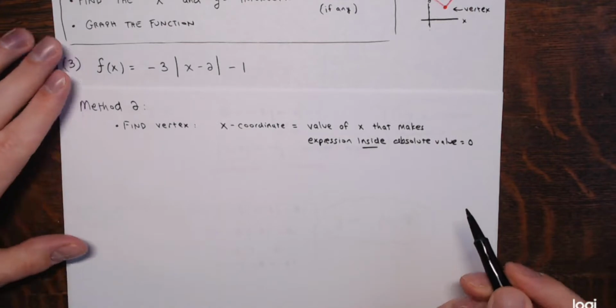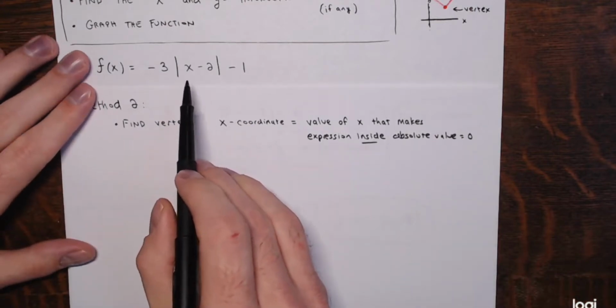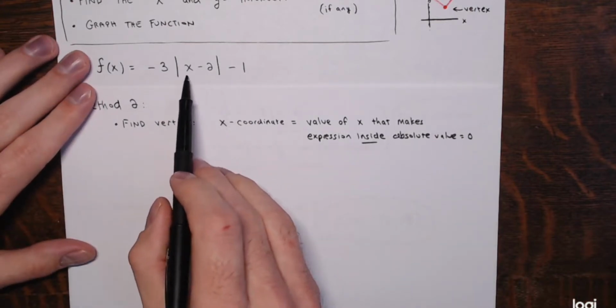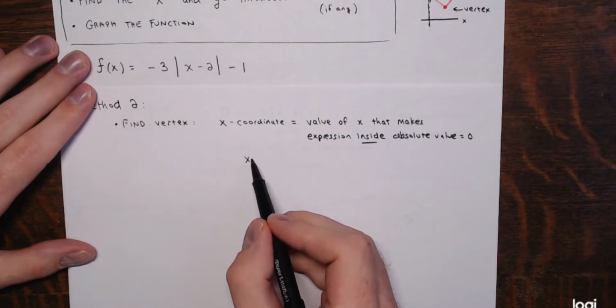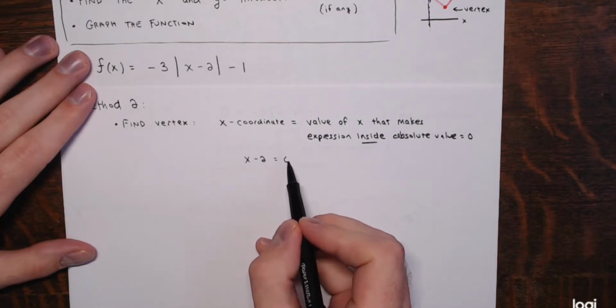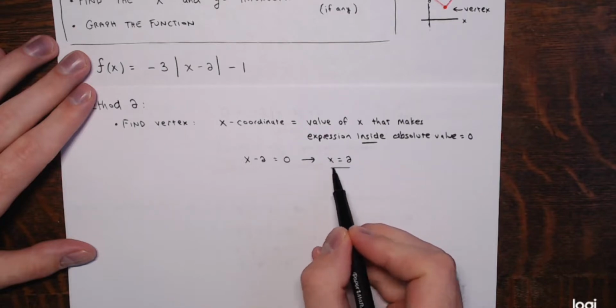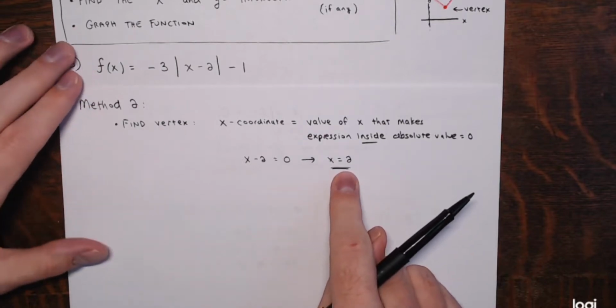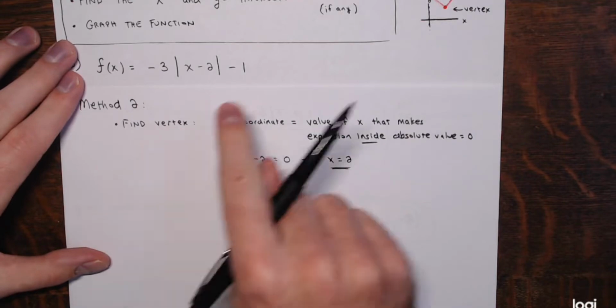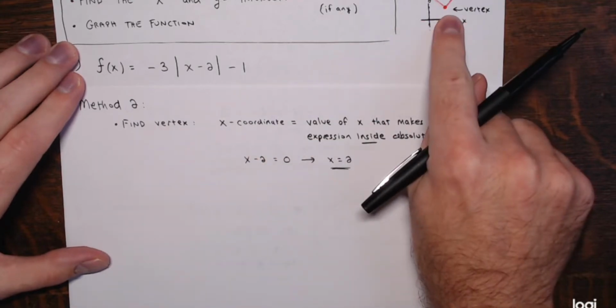So for example here, I have the absolute value of x minus 2. Where is x minus 2 equal to 0? That happens when x equals 2. So this is going to be the x-coordinate of this vertex point, the highest or lowest point of the V shape.